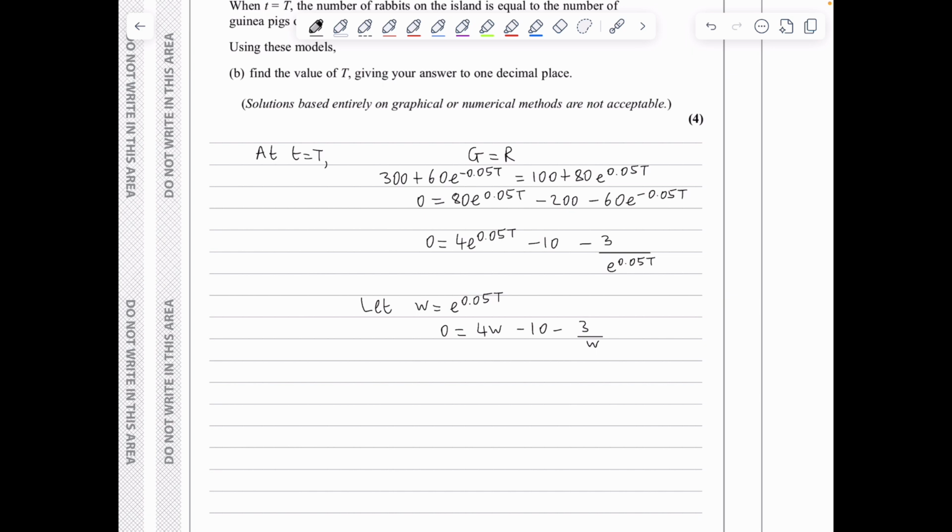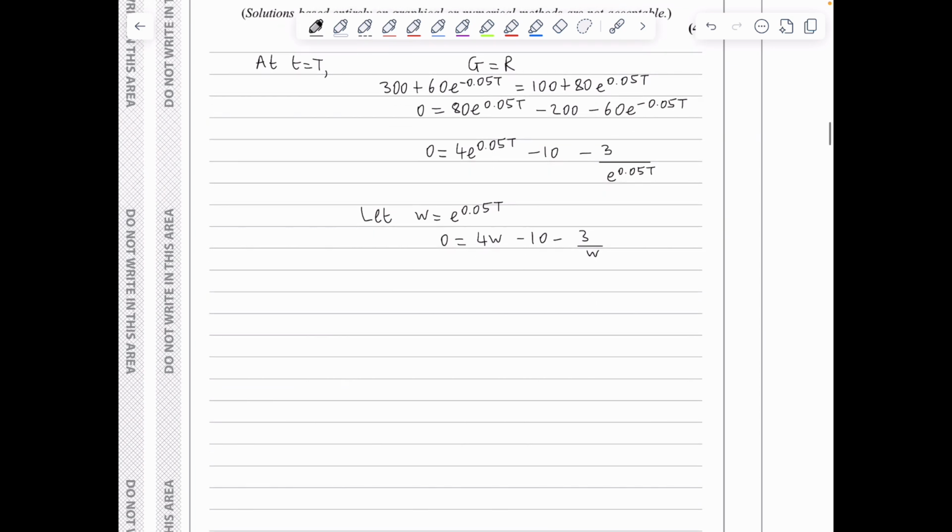The obvious next step is to multiply throughout by W to obtain a quadratic in W. So this is 4W squared minus 10W minus 3. I will use the quadratic formula to extract the two possible values for W. So it's minus negative 10 plus minus the square root of negative 10 squared minus 4 times negative 3, all of it over 2 times 4.